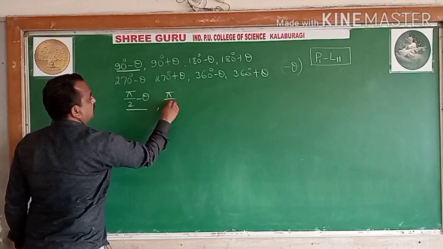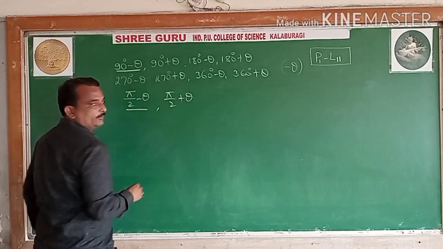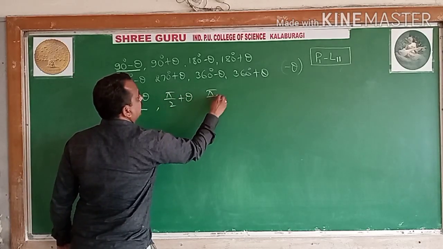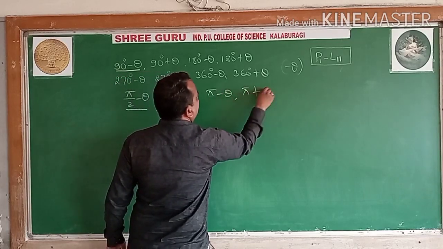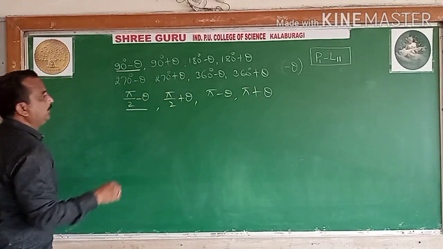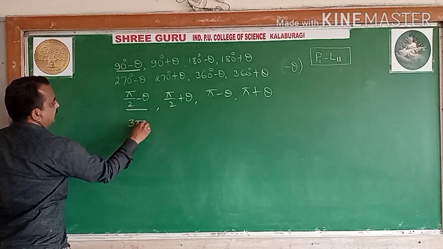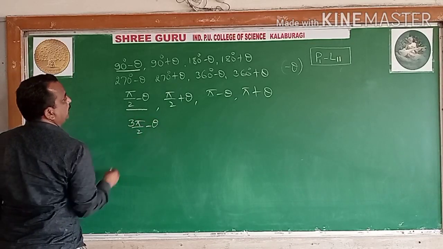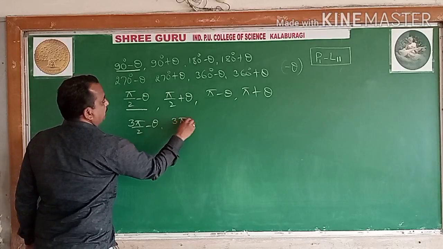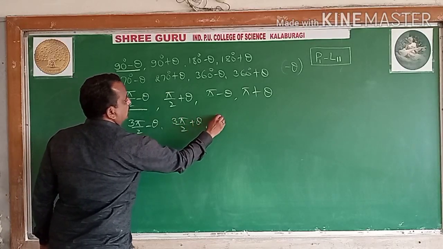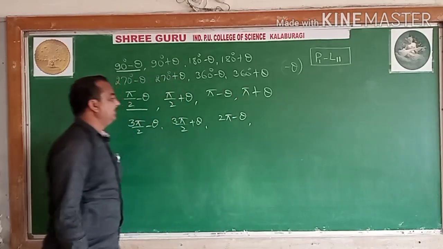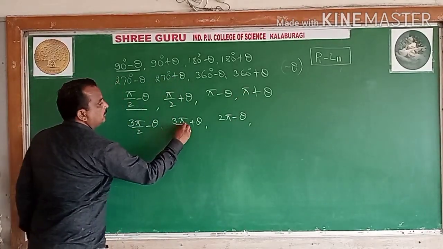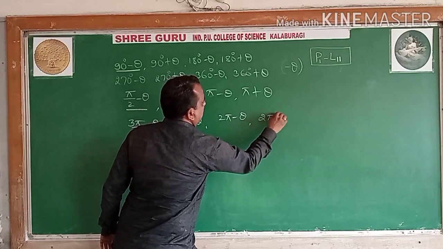Now we have to discuss pi by 2 plus theta, pi minus theta, pi plus theta. 270 is written in terms of radians as 3 pi by 2 minus theta, 3 pi by 2 plus theta, 2 pi minus theta, 360 minus theta as 2 pi minus theta, and 2 pi plus theta.